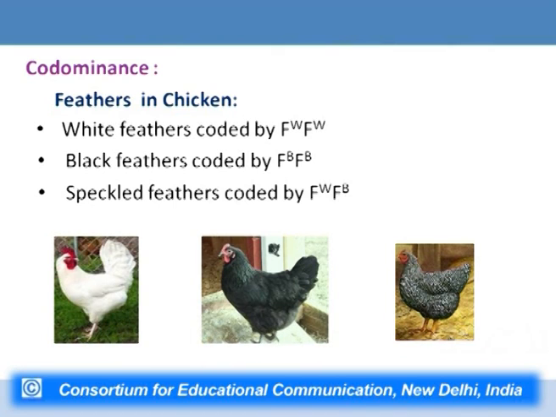These speckled individuals have alternate feathers of black and white color because they have in their genotype a combination of alleles at this particular locus, FW and FB. So, both the alleles are able to express themselves, producing black feathers and white feathers simultaneously, leading to formation of an individual who is speckled in appearance.